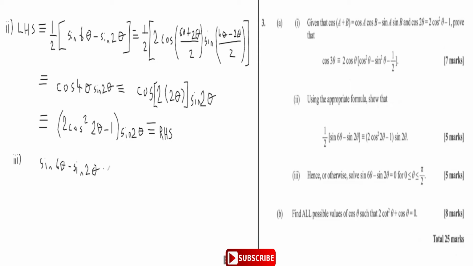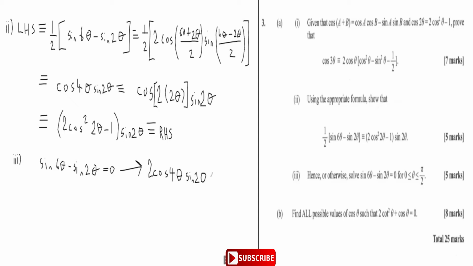Now, if we're solving sine 6 theta minus sine 2 theta equals 0, then we said that all of this actually worked out to be 2 times the cos of 4 theta times the sine of 2 theta. So we're actually just going to be solving 2 times cos 4 theta times the sine of 2 theta is equal to 0.